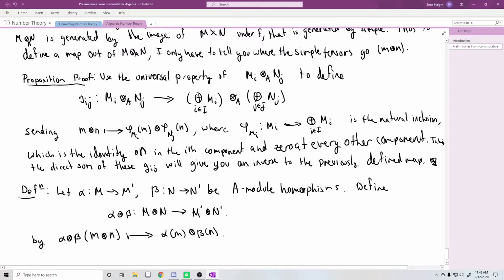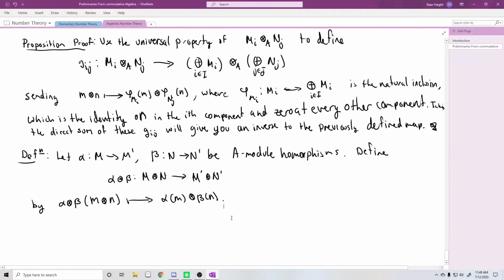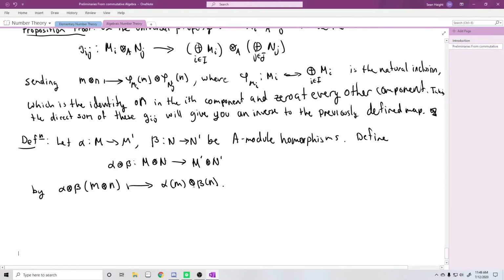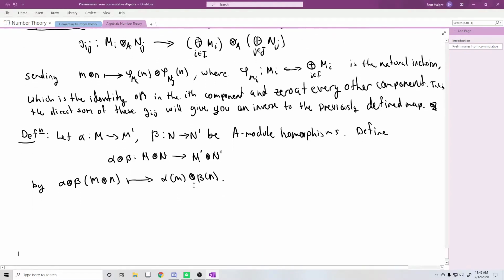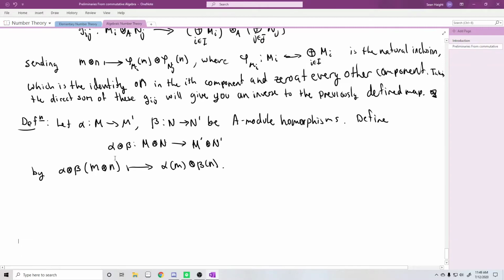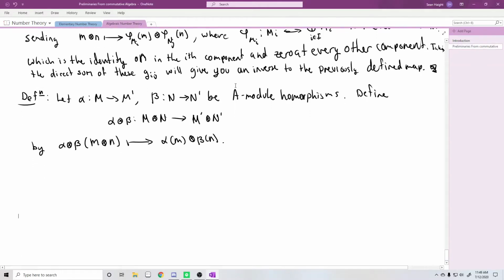You can check that this defines a map on the tensor product using the universal property. In fancy language, this makes the tensor product a bifunctor on the category of A-modules for a commutative ring A.